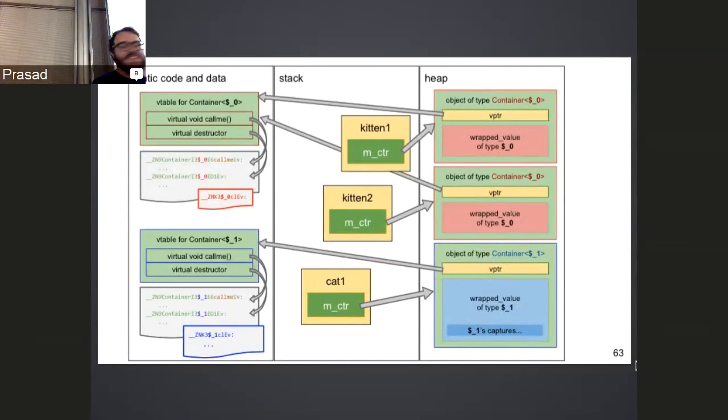Its container is a totally different type from the other container. They have different vtables. They have different call-me's and different destructors and so on. And we have pointers pointing all over the place. Notice that the two objects of the same container type have their v pointers both pointing to the same vtable because they have the same type. Hopefully that makes sense.